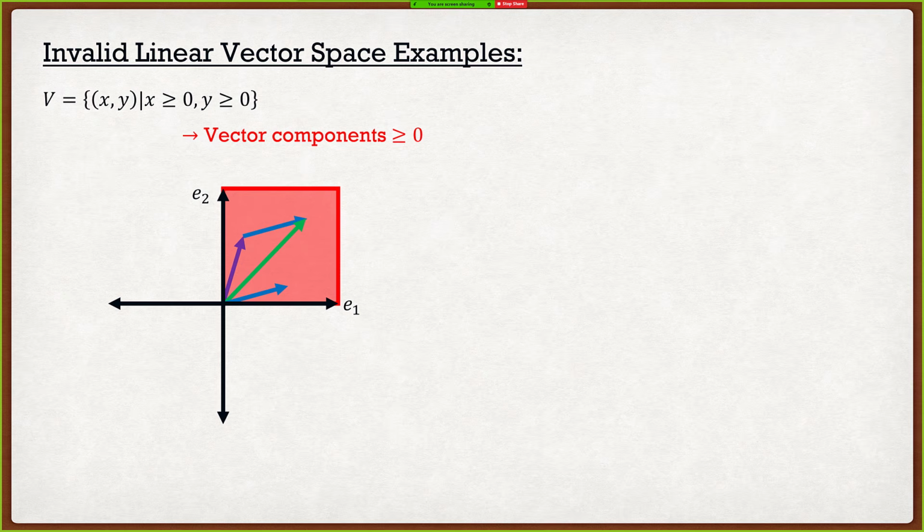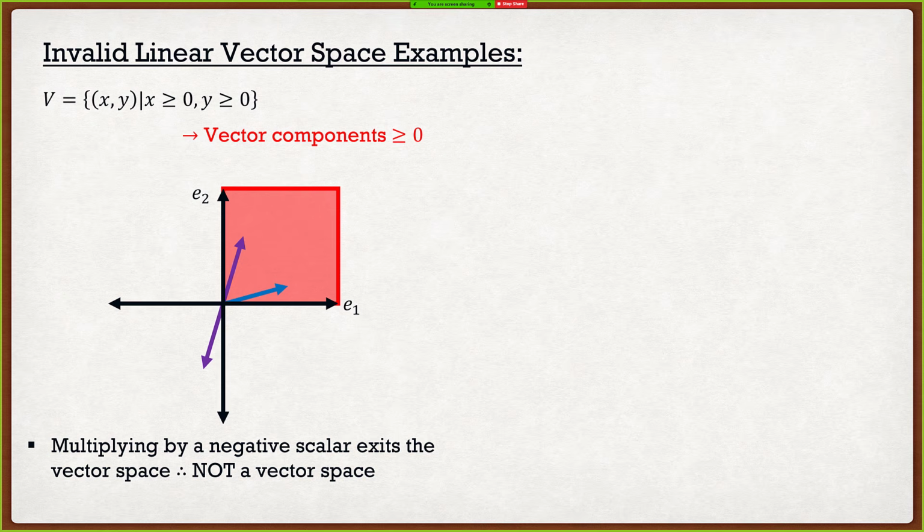That would still be in our vector space. But if I multiply that purple vector by -1, as we can see, this vector now exits our vector space. Therefore, if we multiply by a negative scalar, our vector exits the vector space. So this vector space as a whole is actually not a vector space. The reason is that it doesn't hold axiom number 6, multiplication by a scalar.